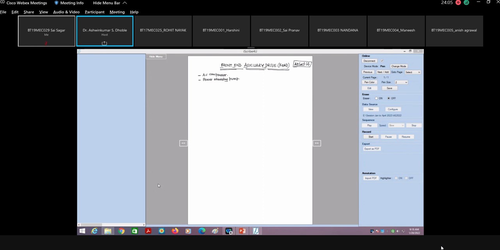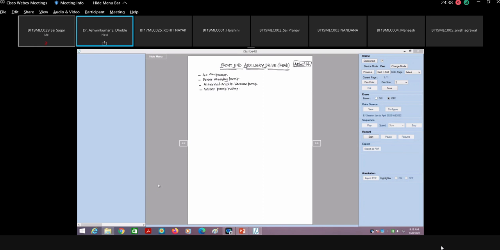Then after that alternator with vacuum pump. Then what else is remaining? Water pump pulley.